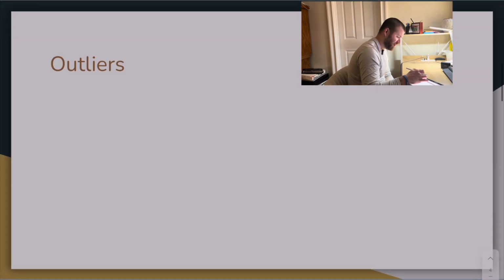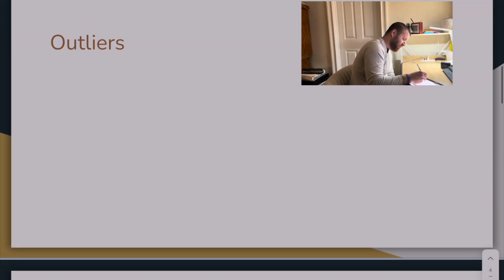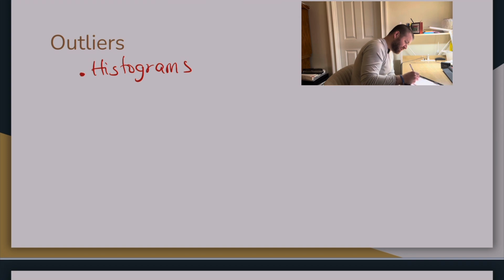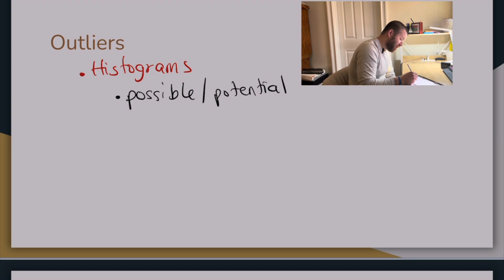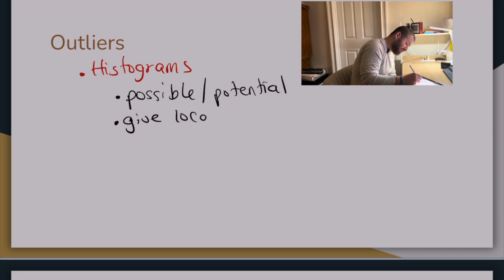So moving on to our second point here, outliers. Now again, with histograms, we don't know. So I like to use the phrase possible or potential outliers as a qualifier. The other important thing is to give the location.